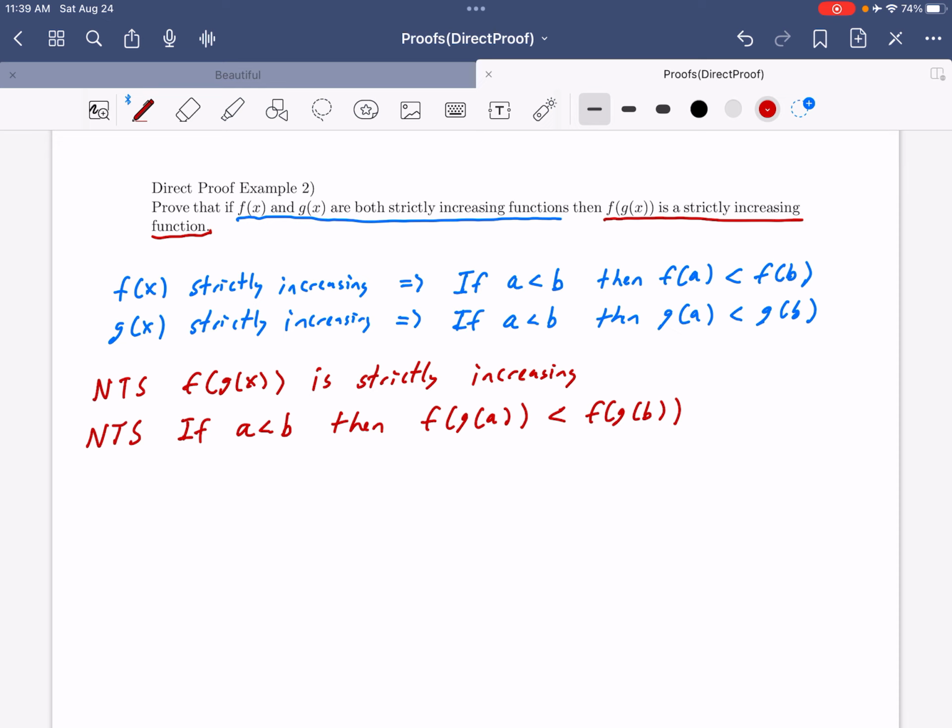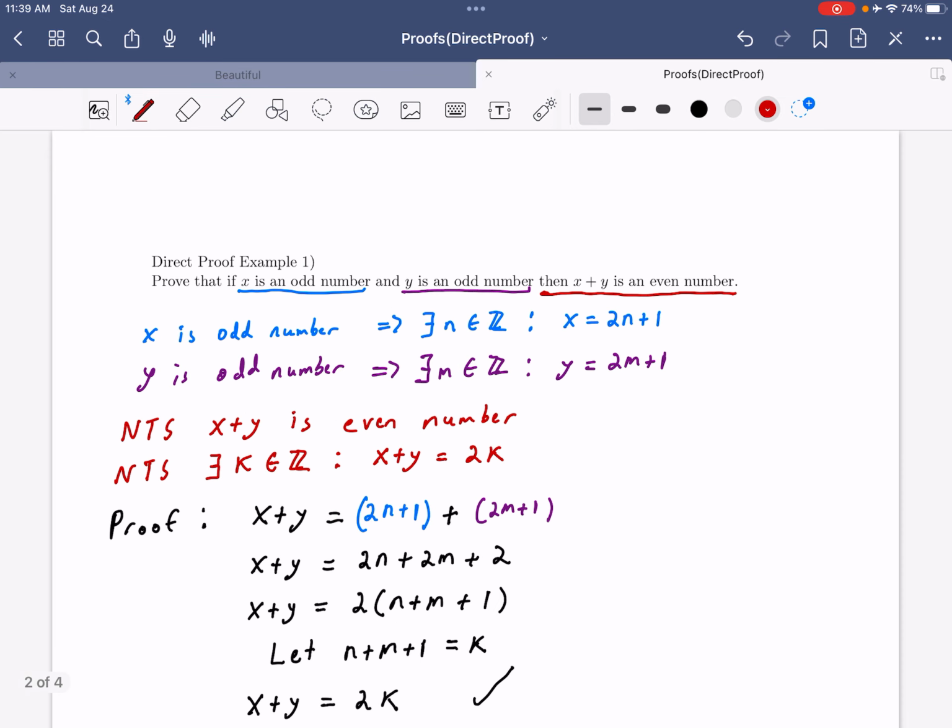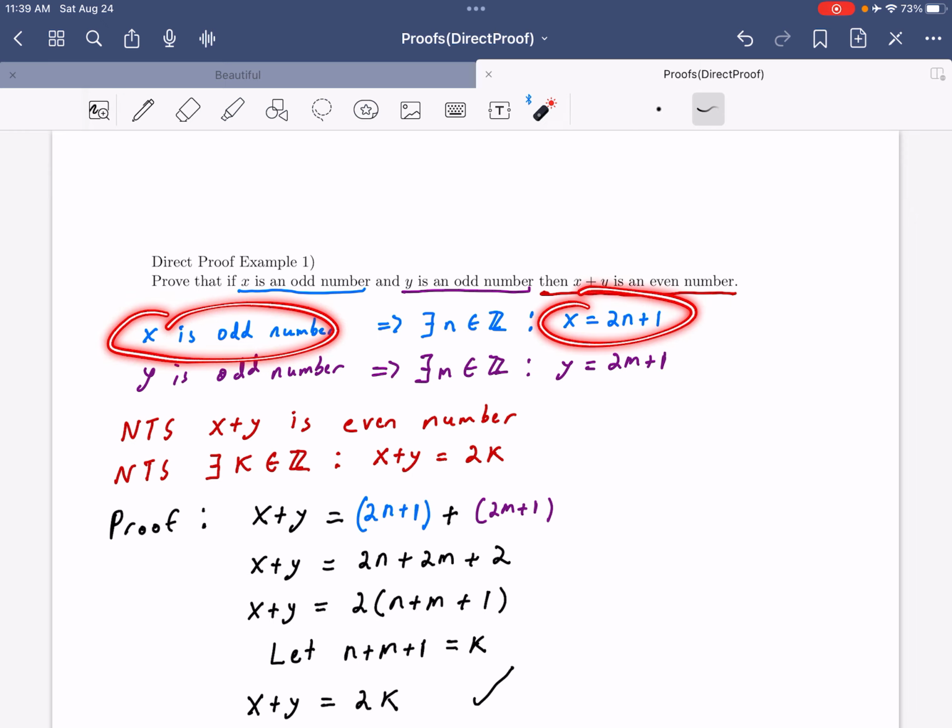If we just briefly go back to our previous example, notice that here, the definition of x being odd or x plus y being even is literally just a single identity, a single equality. X being odd means x equals 2n plus 1. If we're trying to show that x plus y is even, we need to show that x plus y equals 2k, right? The definition here was literally just a direct identity, almost just a straight mathematical statement.